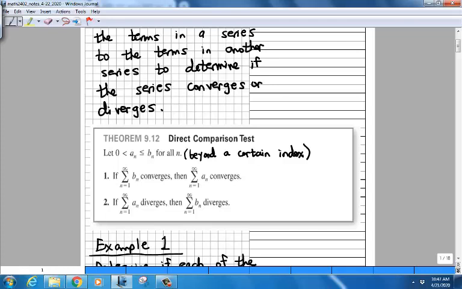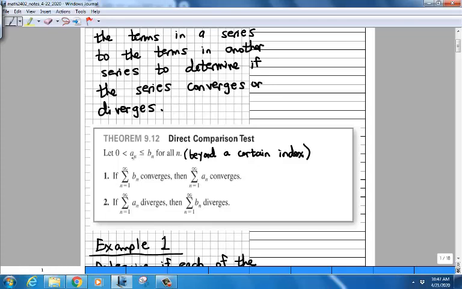Then if you have knowledge of one of the series, that can give you information about the other series. For example, if the bigger series converges, so if it already converges to a finite sum, you know that, then the smaller series must also converge. That kind of makes sense, right?